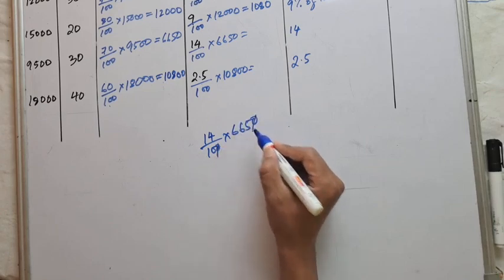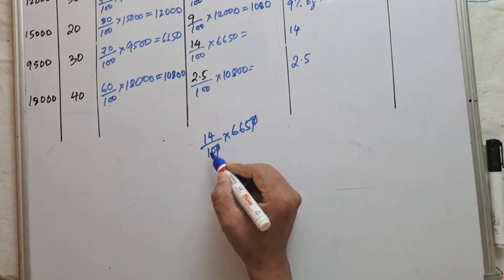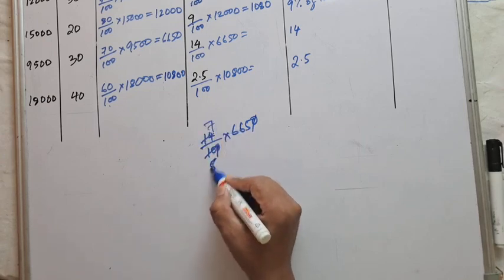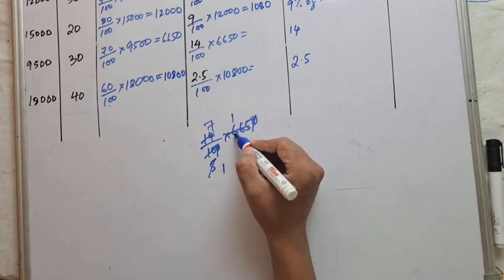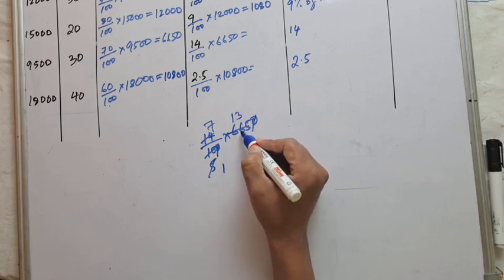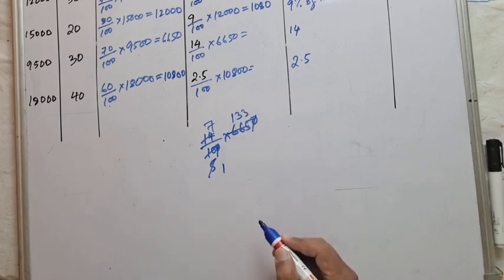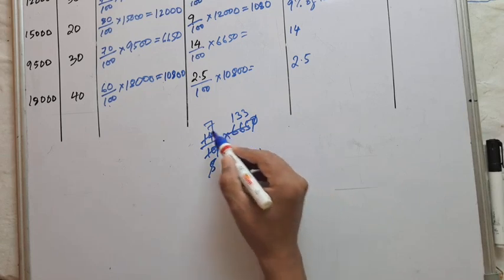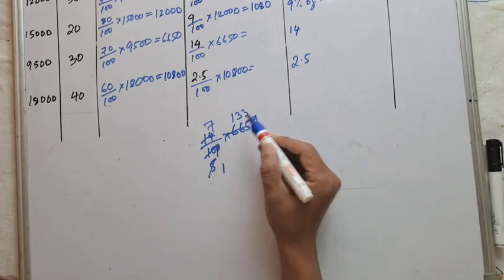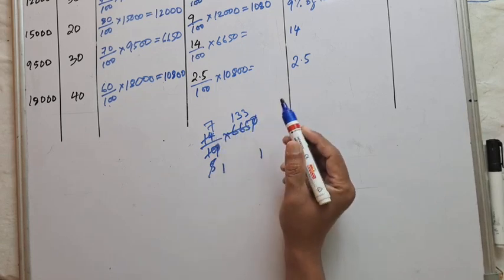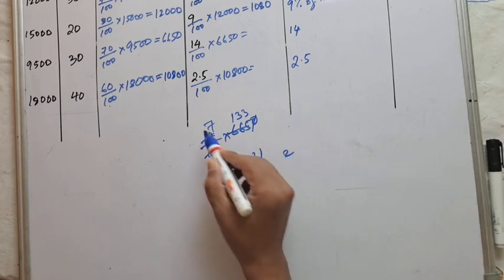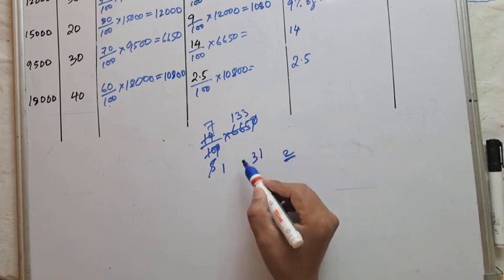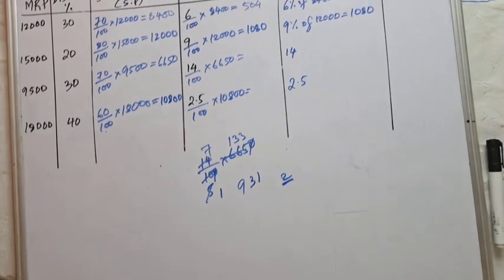This 0 and this 0 we cancel out. 2 5s are 10. 2 7s are 14. 5 1s are 5. 5 3s are 15. 7 3s are 21. 21 plus 2 is 23. 3, 2 in hand. 7 plus 2 is 9. 931.